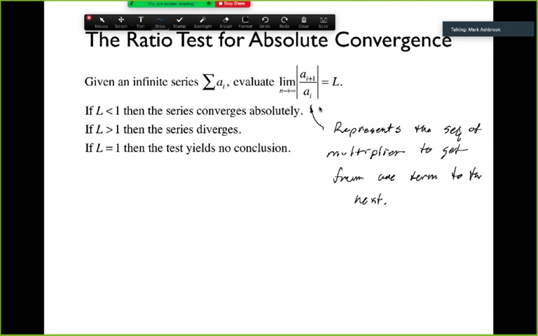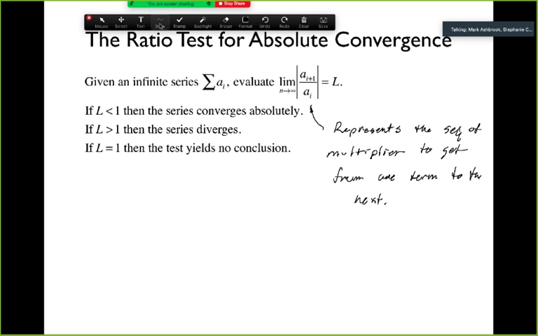If those multipliers are honing in on a value less than 1, then it's like the sequence is becoming geometric with r less than 1. That's why we're looking at the limit. If the limit of the sequence of multipliers is less than 1, then the series is becoming like a geometric series with an r value less than 1.